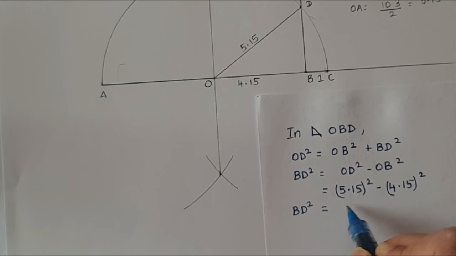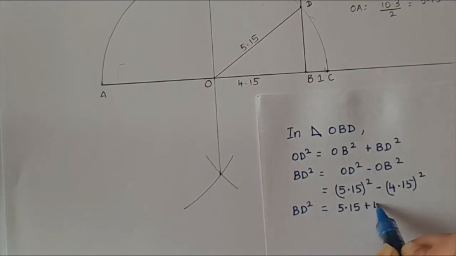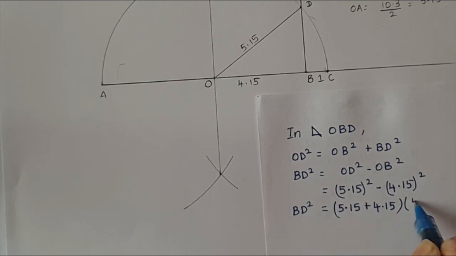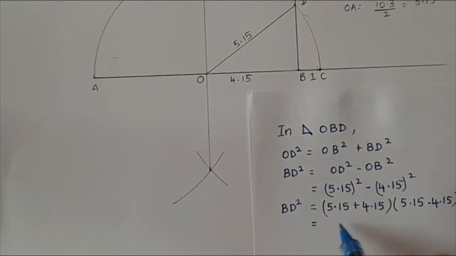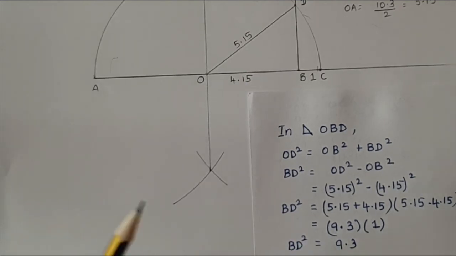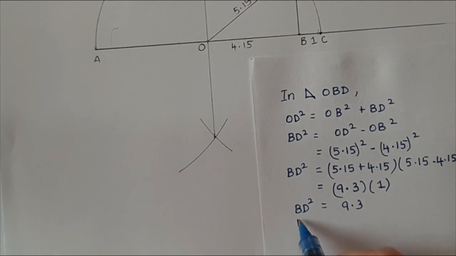So you can use the identity a square minus b square is equal to a plus b into a minus b. So 5.15 plus 4.15 into 5.15 minus 4.15. So we get 9.3 into 1. So 9.3 is BD square. So BD is equal to square root of 9.3.